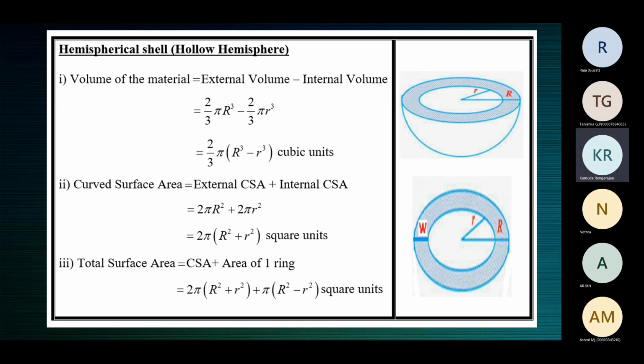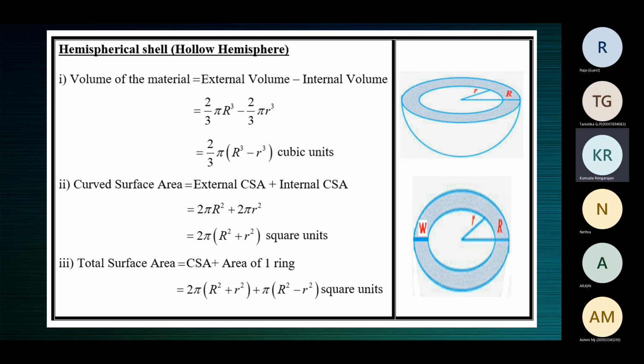Now what's the curved surface area? Again, if you observe carefully, there will be one inner CSA and one outer CSA. On the outside there will be a curved surface area, and on the inside, because it's hollow. Half of a coconut is an example of a hollow hemisphere.